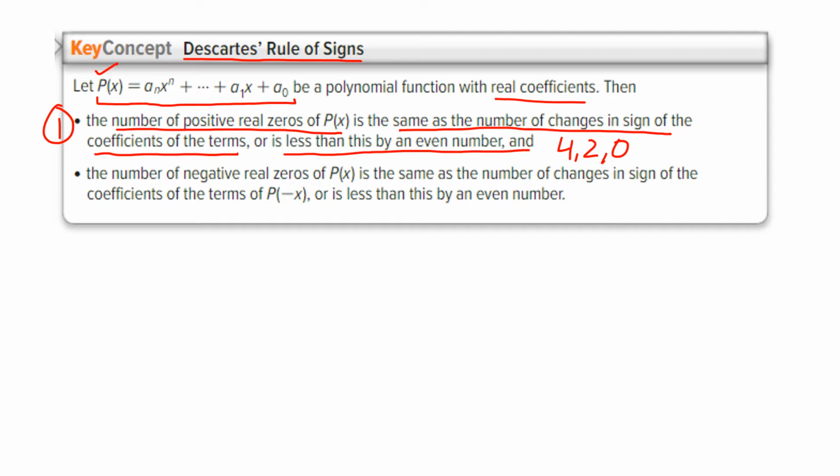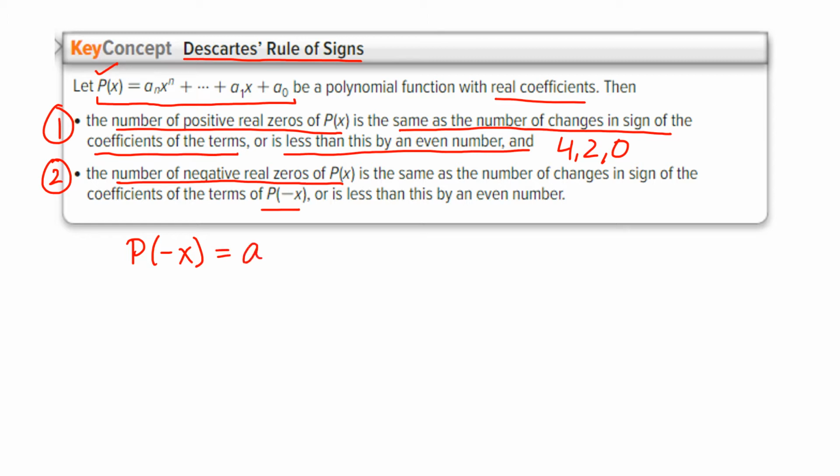Okay, so next is the number of negative real zeros. Now in order to say what is the number of negative real zeros, you are going to be using P(-x). This is just the same polynomial P(x) where we have substituted negative x in place of x.